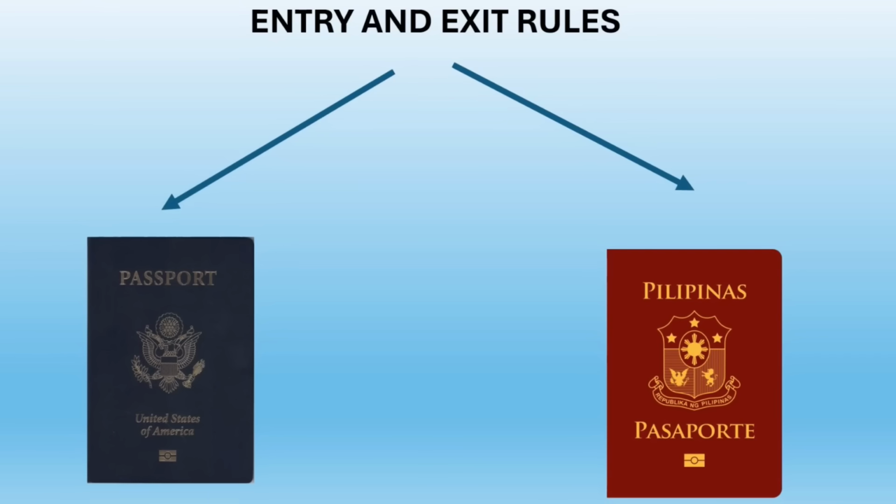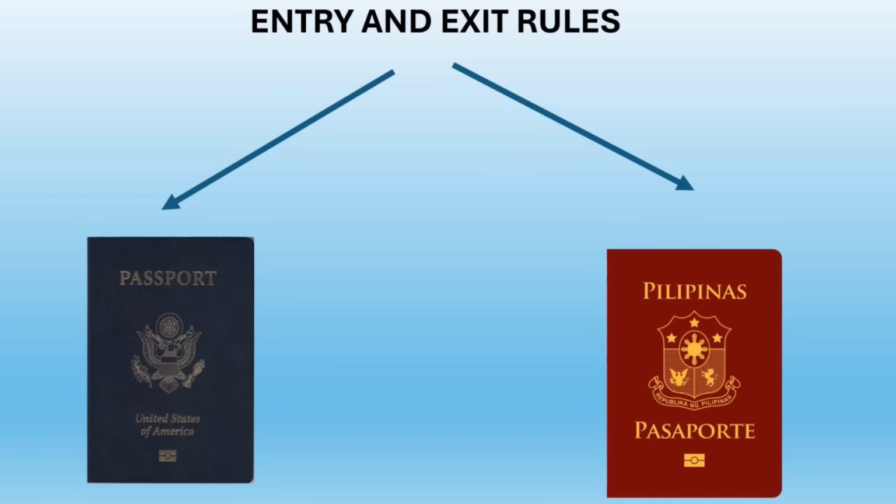The third reason is the entry and exit requirements for dual citizens. Let's say you have both a US passport and a Philippine passport, and you are coming from the US to the Philippines. Always use the US passport when exiting the US and then entering the US. You don't necessarily need to show your Philippine passport when leaving the US.